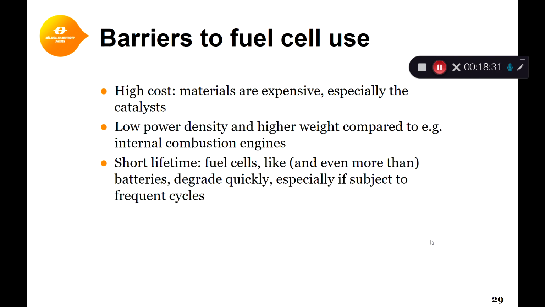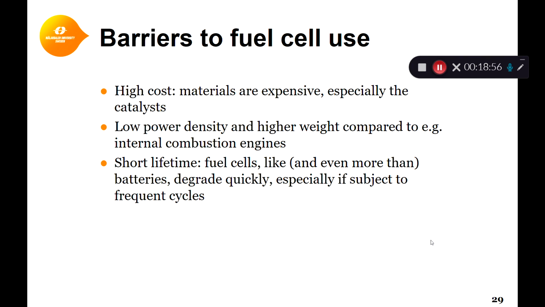Nowadays, the current barriers that limit fuel cell use, I can mention a few. First of all, is the high cost of the materials, especially the catalyst can be quite expensive, and the weight is quite high compared to other engines. So this limits, for example, the exploitation in transportation. And also the lifetime is quite short.